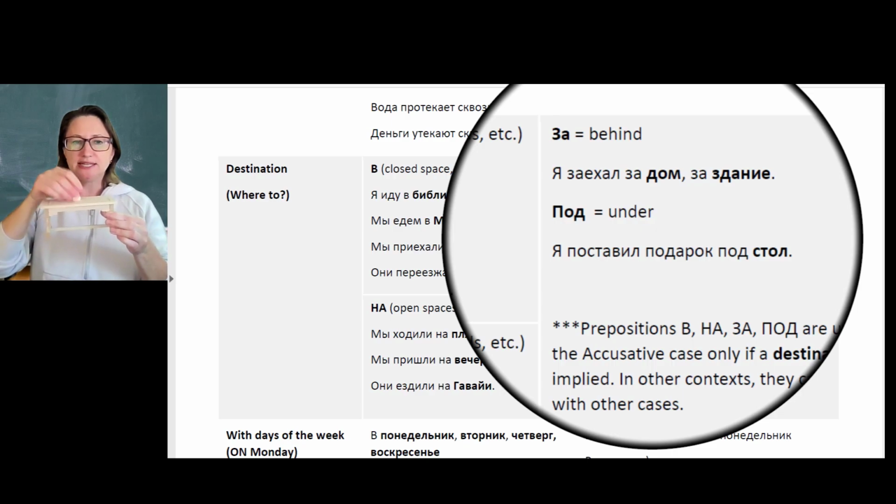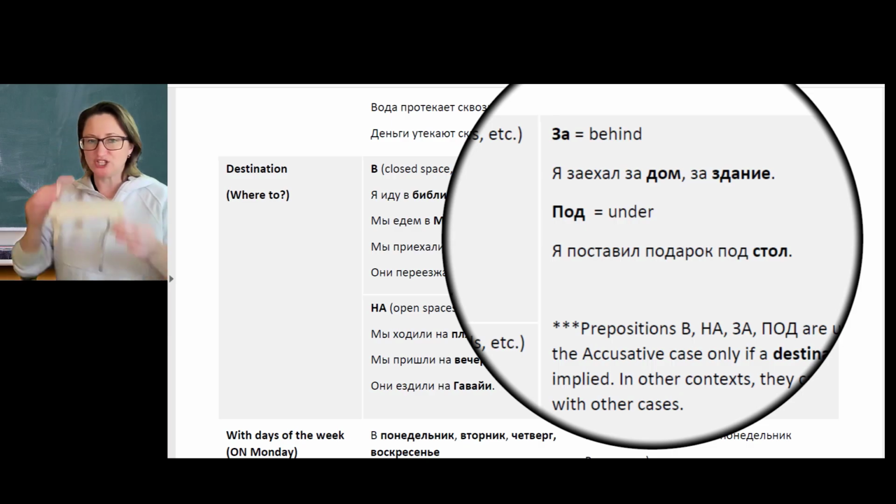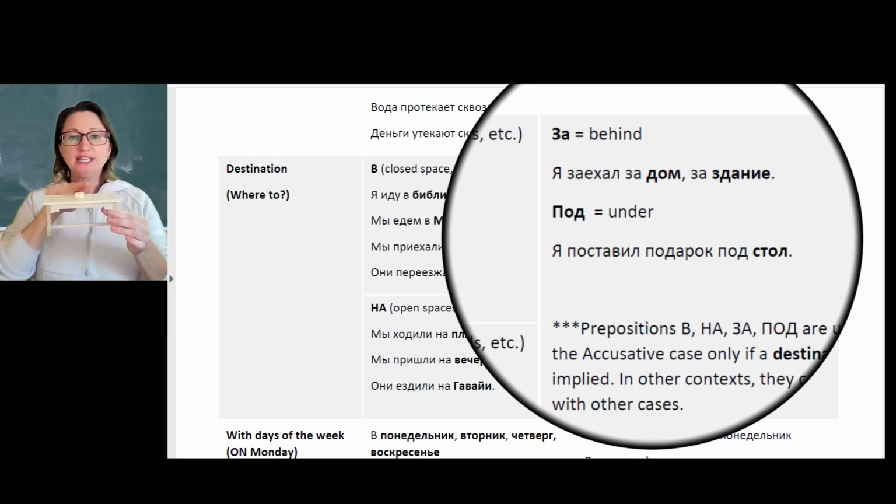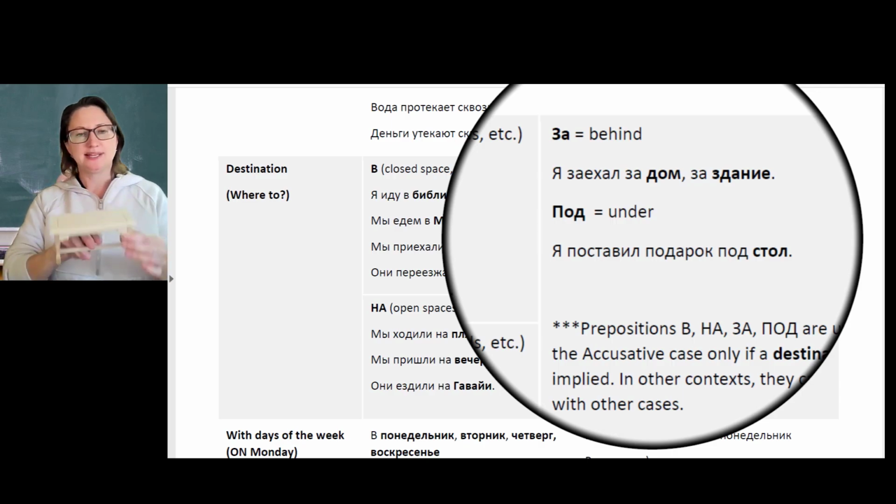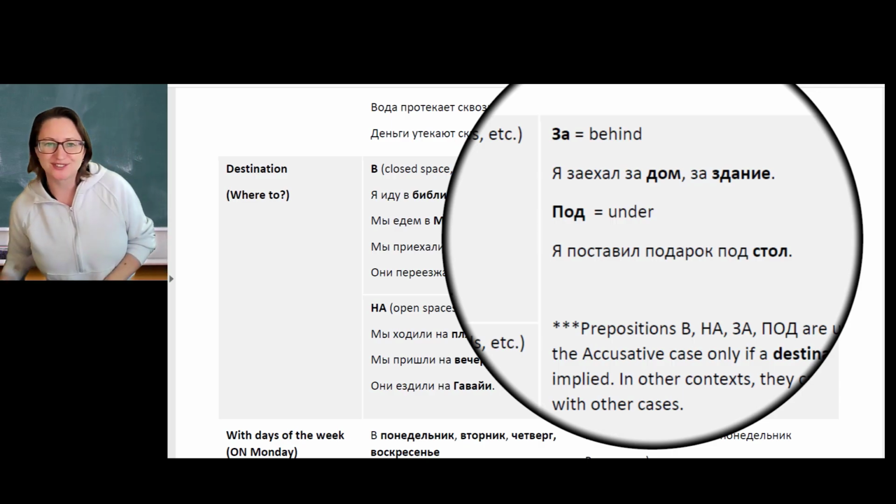Horizontal space, на стол. But underneath will be под стол. Once again, if it's a destination. If it's here, that's на столе, на plus prepositional. And if it's underneath, already there, as a location, that would be под plus instrumental, под столом. But that will be a topic for a different video.